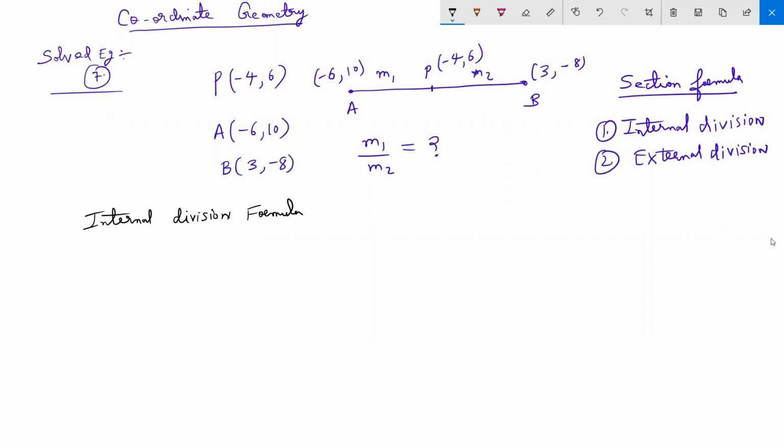So here this -4 is the x coordinate. Actually, you must recall this formula before doing this problem.